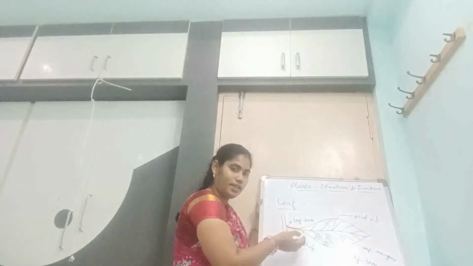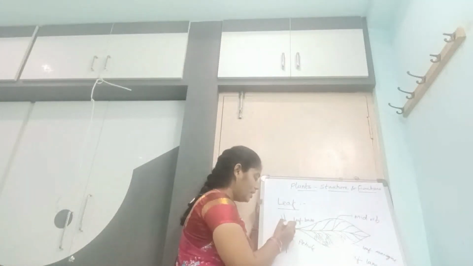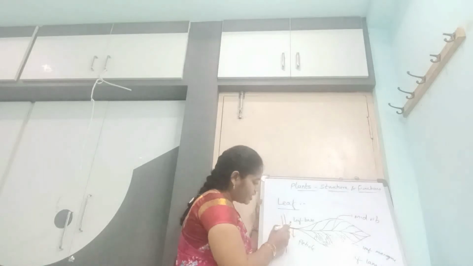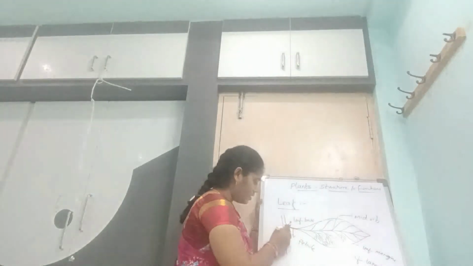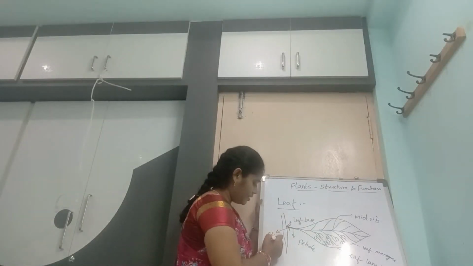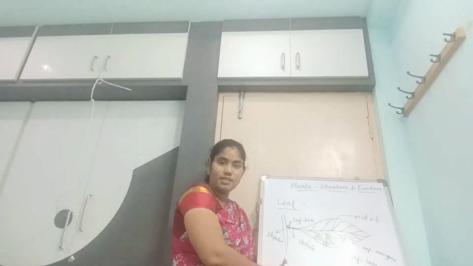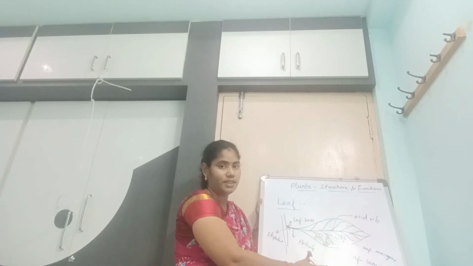On either side of the leaf base we have small leaf-like structures called stipules. This is the general structure of the leaf.